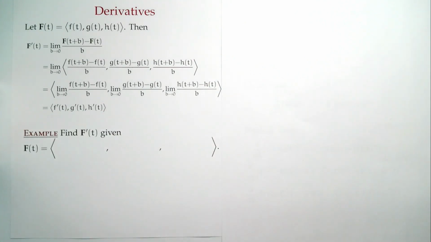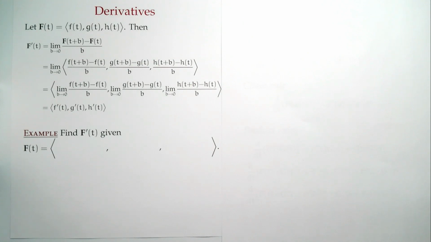So let's do an example. All right, find f prime of t given that f of t is some vector valued function. So now we need a vector valued function. All right, what will the first entry be? So give me a function. X squared plus 2. Okay.